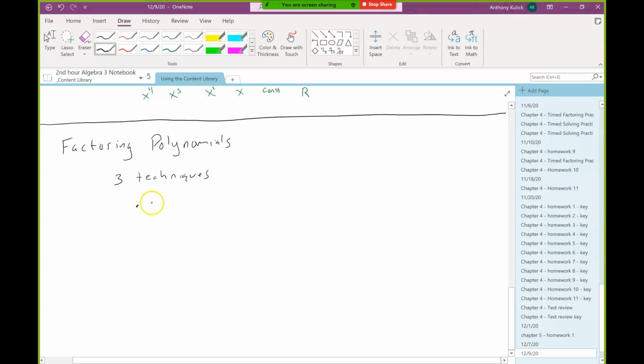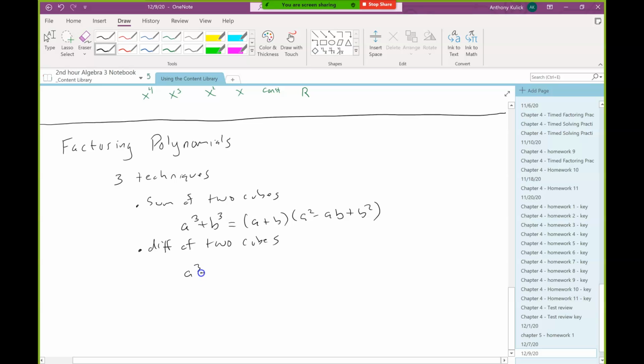We're going to talk about sum of 2 cubes, which is this. Talk about the difference of 2 cubes. This factoring pattern is this.